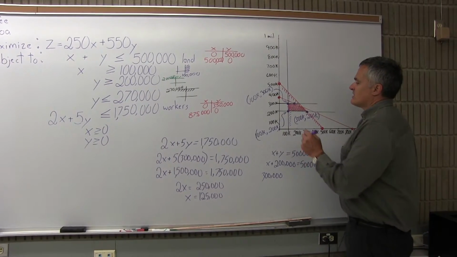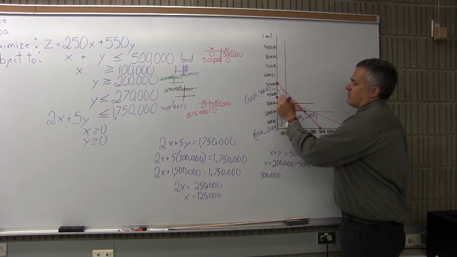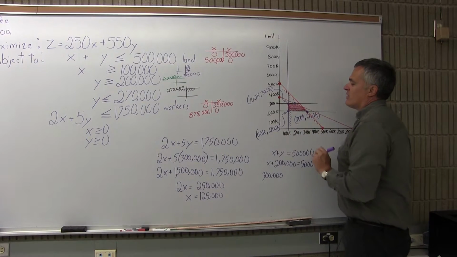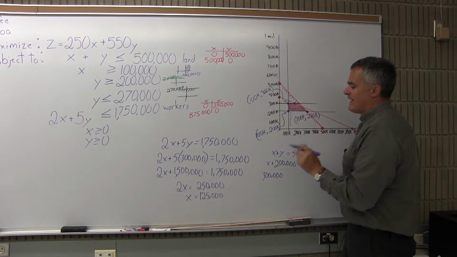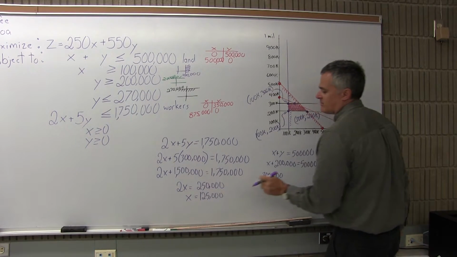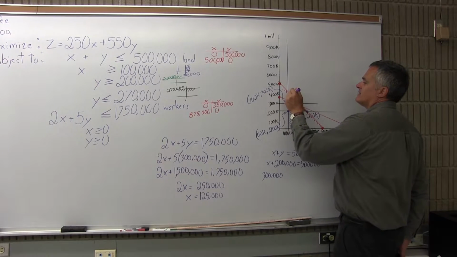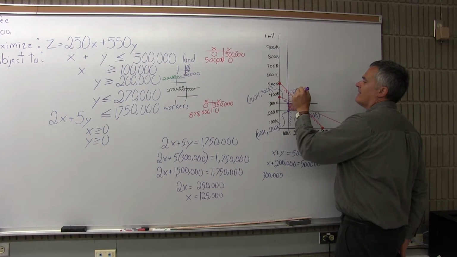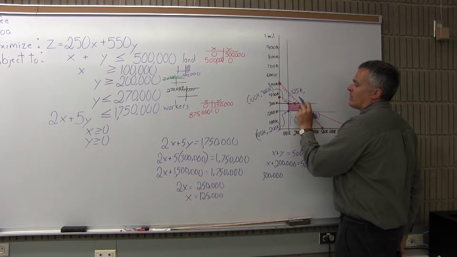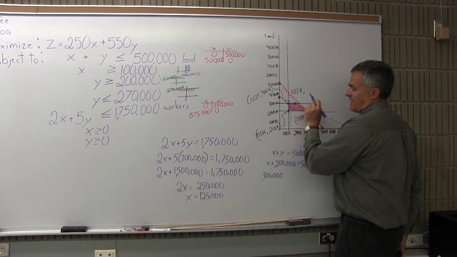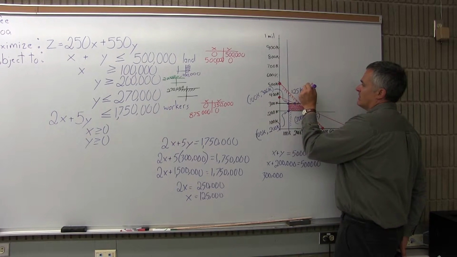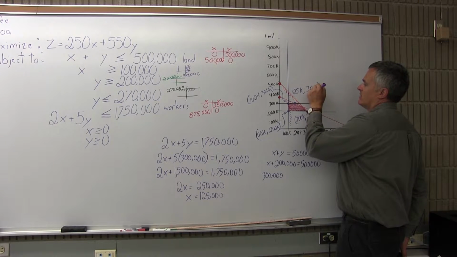So the point of intersection between the red line that goes to 350,000 and the black line on my feasible region has an x-coordinate of 125,000, which I'll abbreviate 125k. The y-coordinate is 300,000 because every point on the black line has a y-coordinate of 300,000, which I will abbreviate 300k.